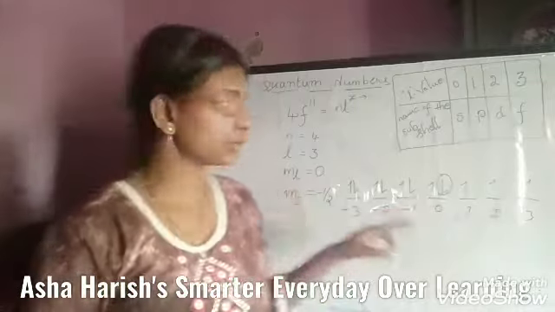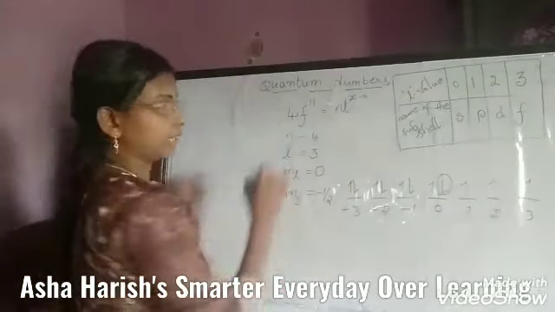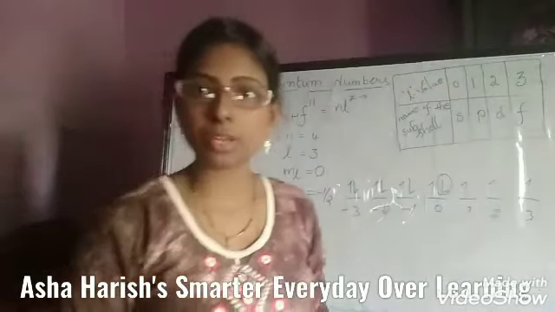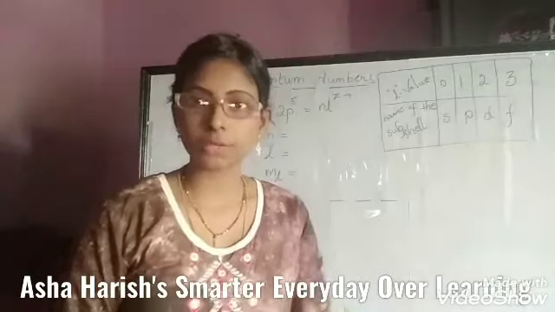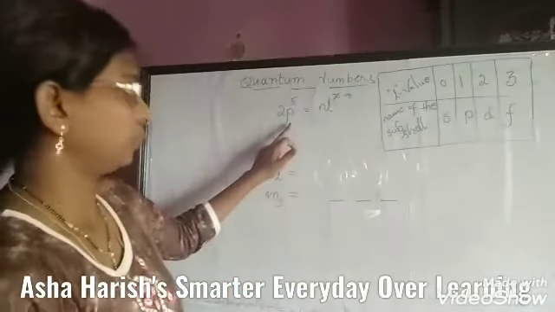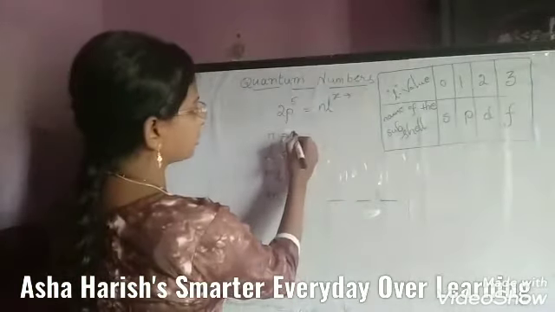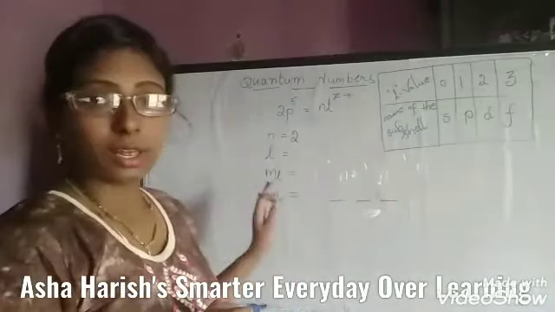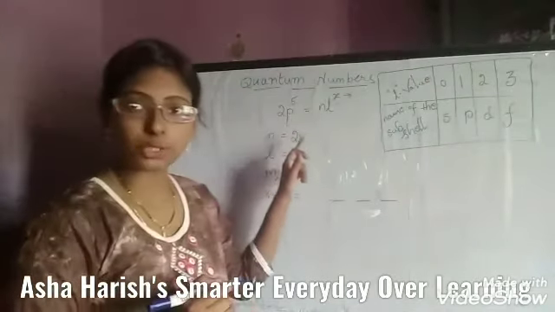Okay students, this is about finding the 4 quantum numbers for 4f11. We can take another example now. The next example I have taken here is 2p5. According to the analysis method, in the place of n, that is the number 2. And for the azimuthal quantum number L, we have p subshell here.